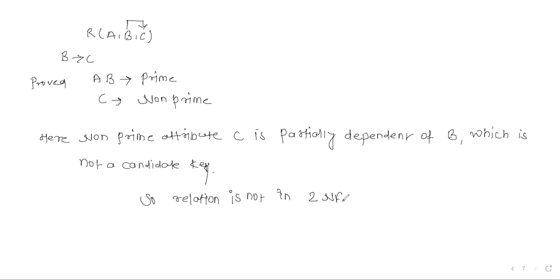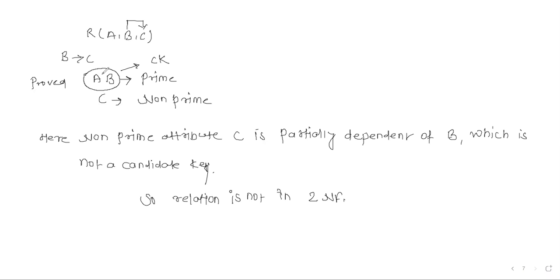If this particular question is given to you and they ask whether the relation is in second normal form or not, then you have to go with this concept. You have found the functional dependency given, B can determine C. You have found the key attribute, which is AB, which is my candidate key also. And A and B both are separately prime attributes also.